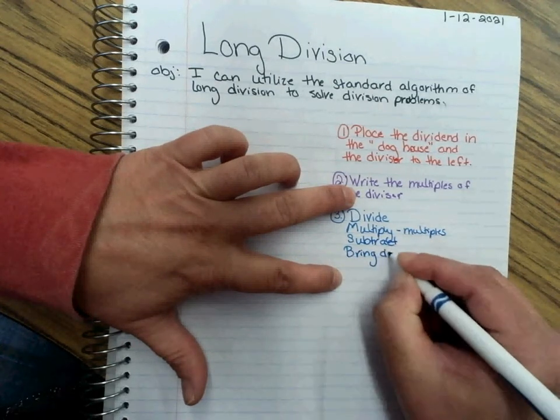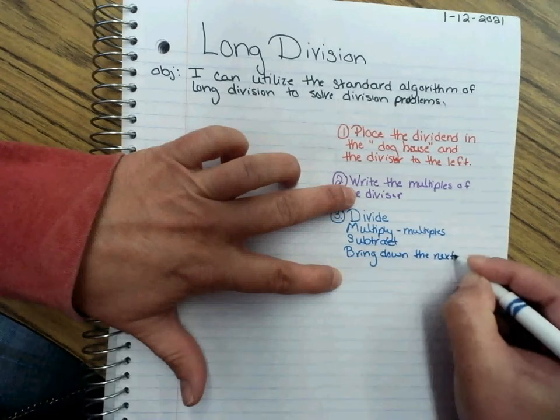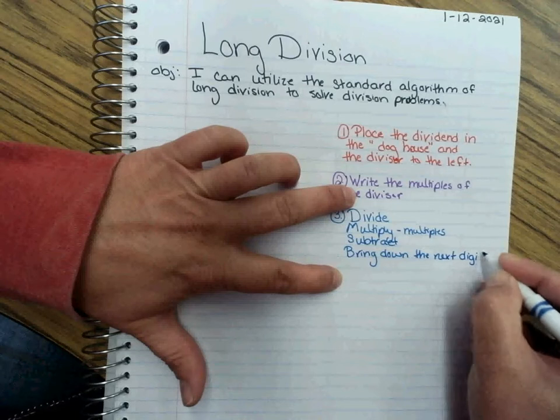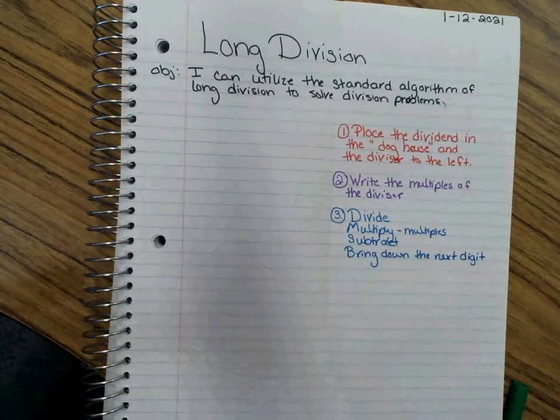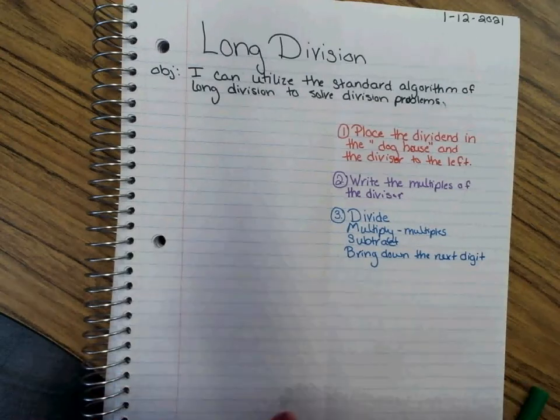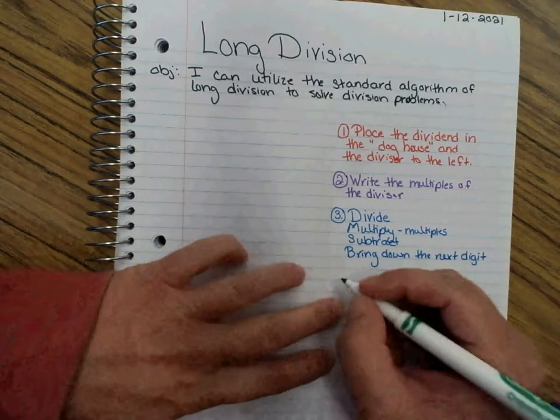Subtract. And this one we're going to bring down the next digit. Okay? So, there's that. And then, of course, we do this all the way until we're done.